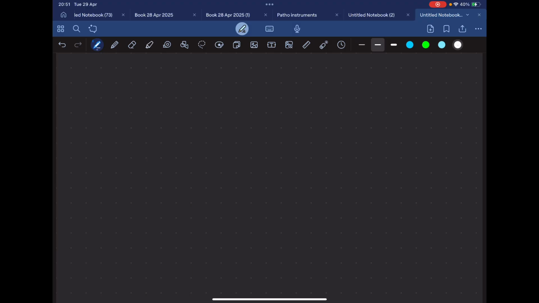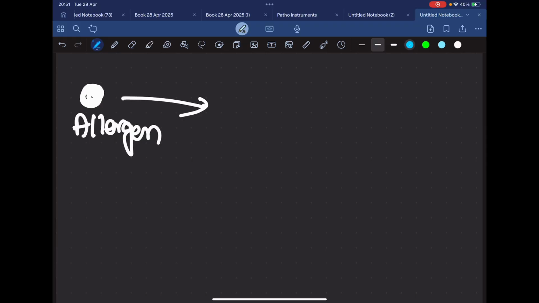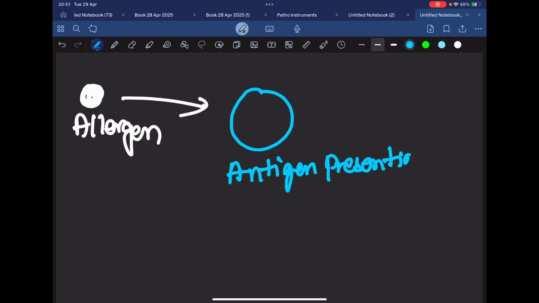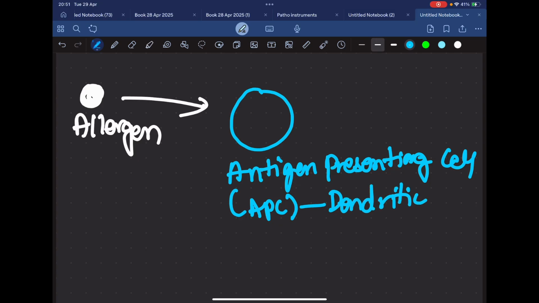First, whenever the allergen enters the respiratory tract through the nose, it comes in contact with the antigen presenting cell, APC, particularly the dendritic cell.